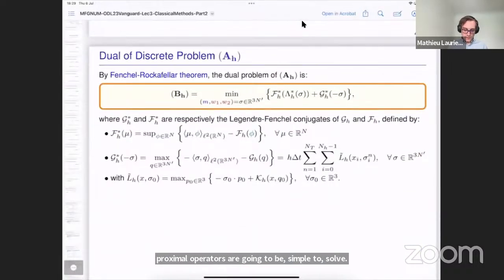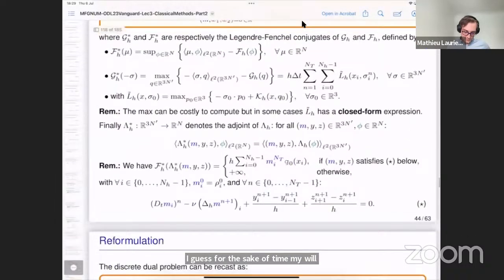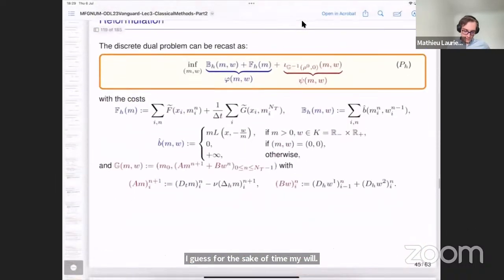So this is a duality. I write the dual problem. I call the problem B the primal problem before. You can introduce a dual problem. For the sake of time, I will skip the details. I just want to show that you get a discrete equation.